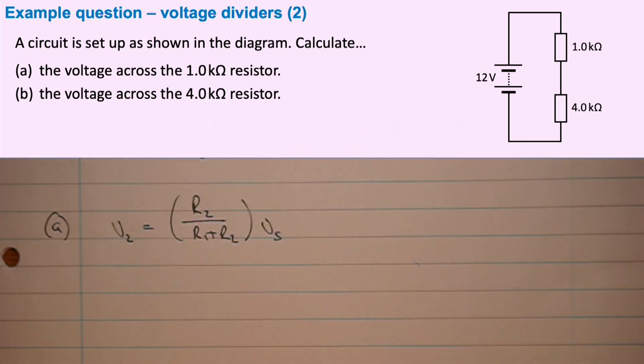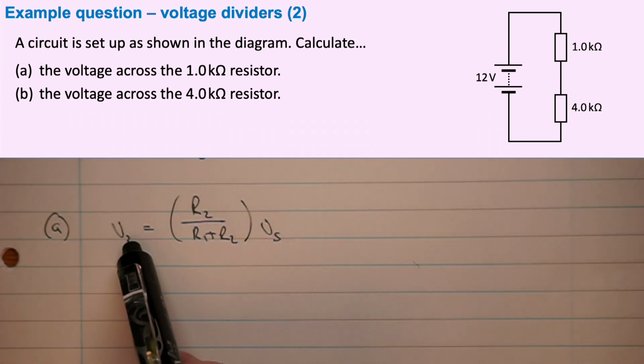Now, usually for a voltage divider, if it's drawn in this orientation, I would always call the top resistance R1, I'd call the bottom resistance R2, therefore the top voltage V1, the bottom voltage V2. And there is a reason why the equation is only written in this form. It's actually related to transistor switching circuits.